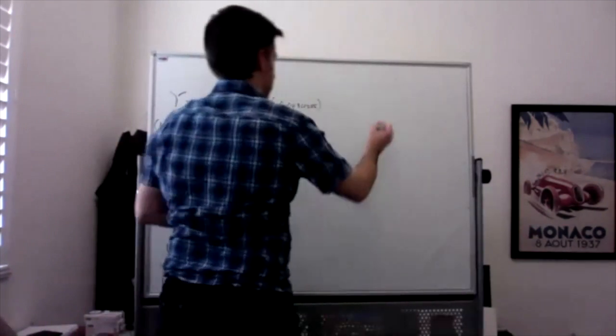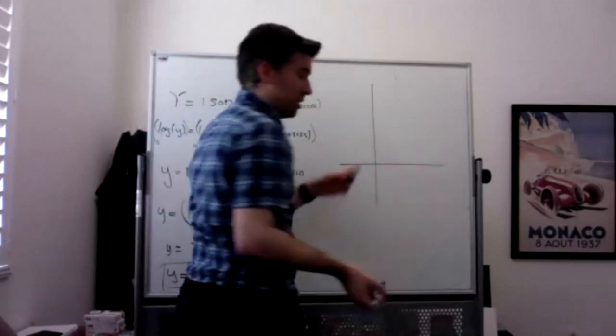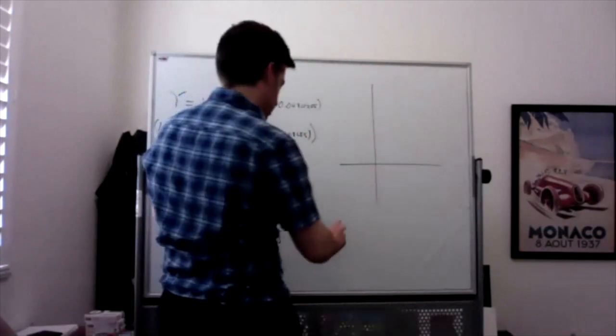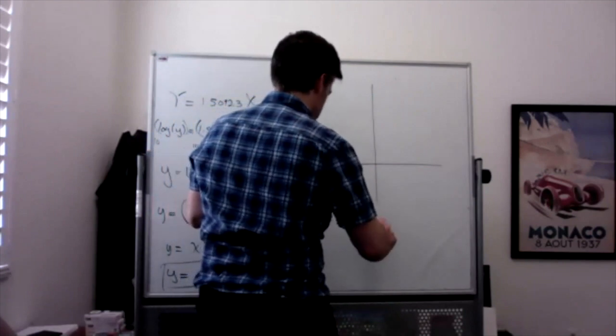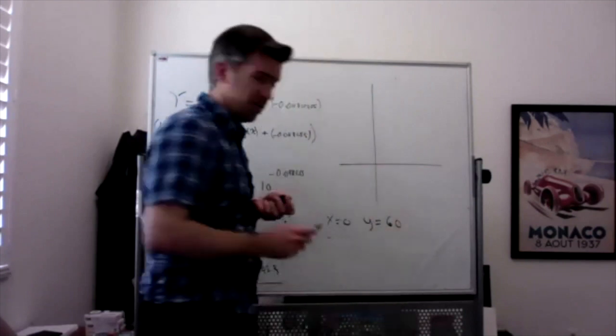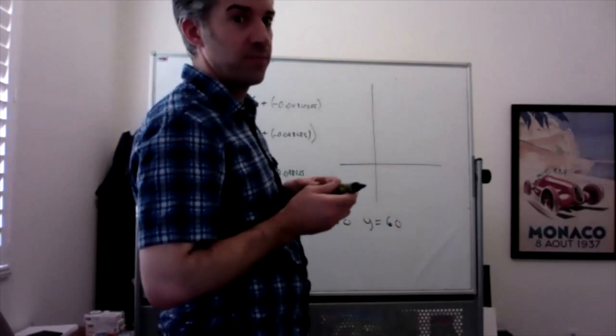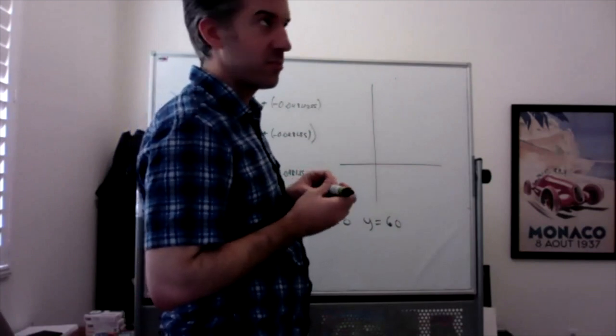They're telling you that when x is 0, y is 60. Yeah. And then they give us another point, like the intercepts on y and the intercept on x.